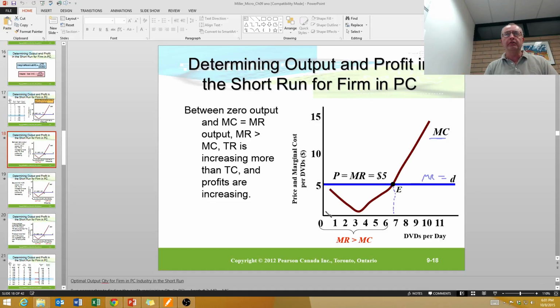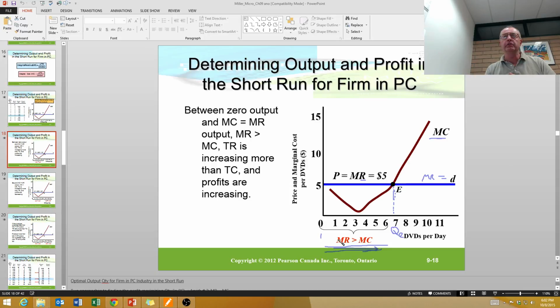So if we start over here at quantity 0, so if we look at this range between quantity of 0 and our equilibrium quantity right here, where the two curves intersect, in this little section of the curve here, as we increase our quantity, we see that the difference between marginal revenue and marginal cost is positive. So as we increase our quantity of output up to this point here, our profits increase.